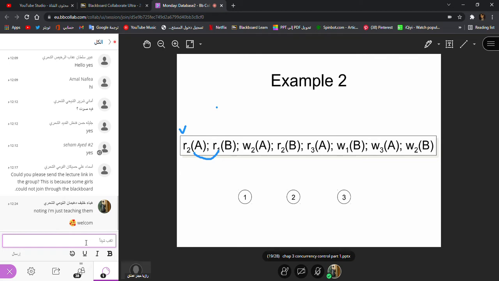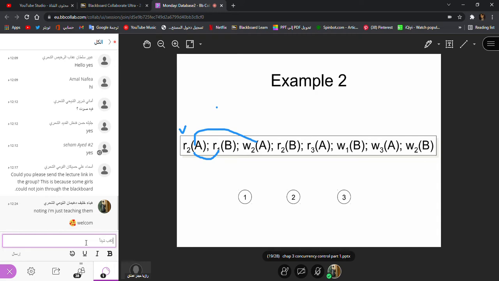When there is no conflict, don't do anything. Then the next one is this one. Transaction 2 is reading and transaction 2 is writing on the same data element. Still it is not a conflict, because if you remember that slide, the conflicting pair is not there. So we ignore this one as well.